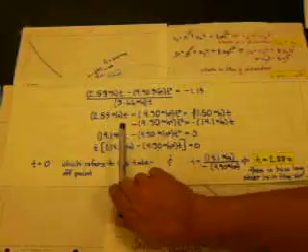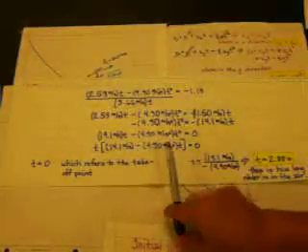Then we subtract 2.59 t from both sides, which gave us negative 4.90 t squared equals negative 14.1 times t.